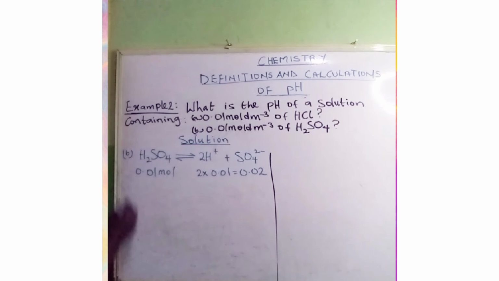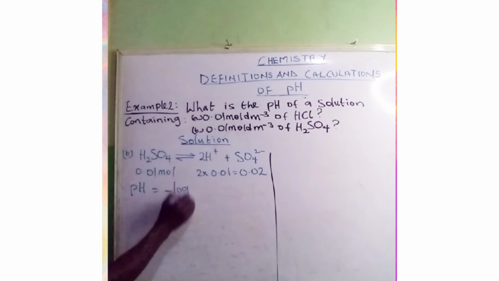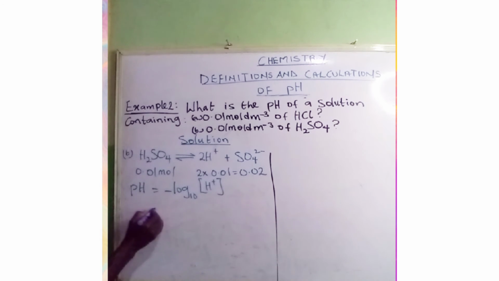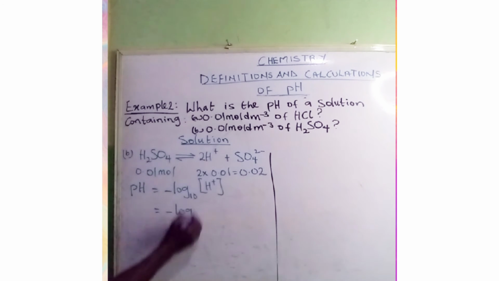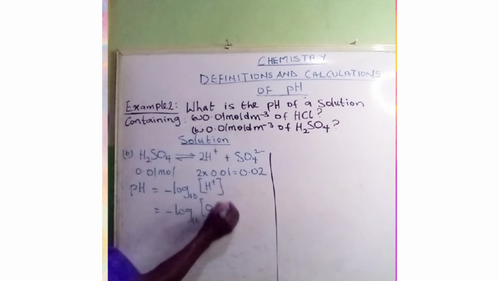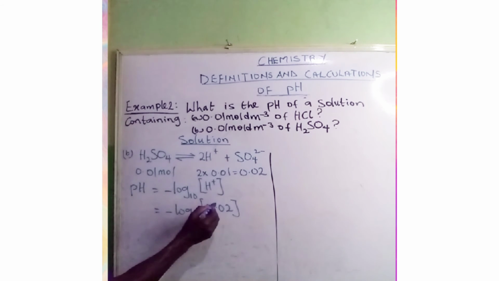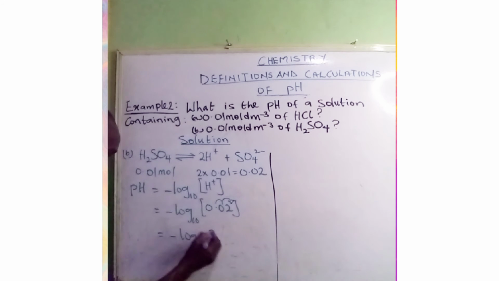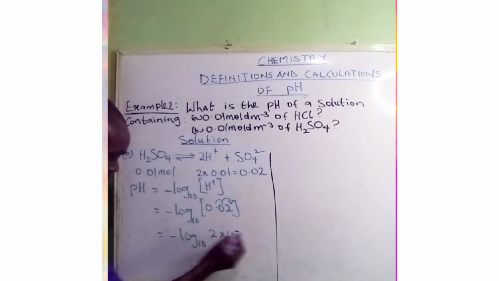Now using our formula, pH equals minus log to base 10 of hydrogen ion concentration. So we have minus log to base 10 of 0.02. So when we shift this, we have 1, 2. So we have minus log to base 10 of 2 multiplied by 10 raised to power, the decimal point changes to minus. Now we shifted twice, raised to power minus 2.